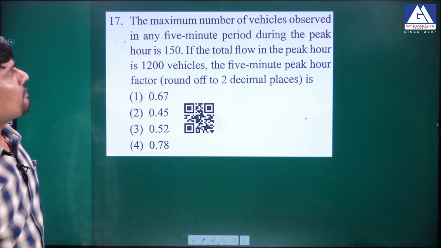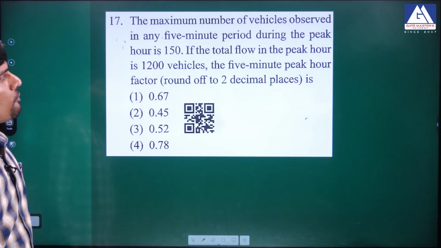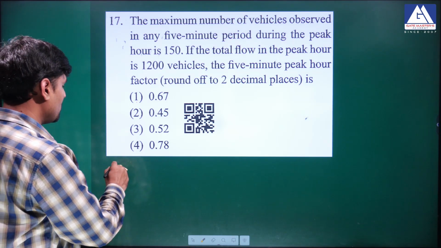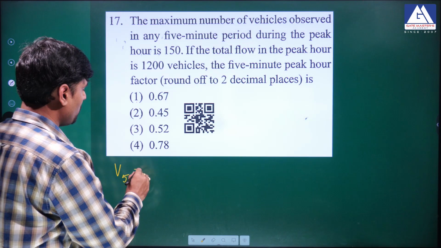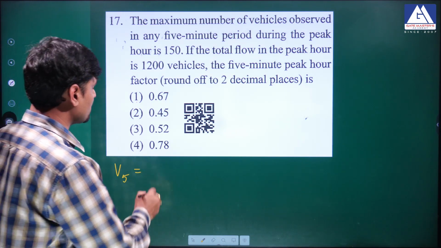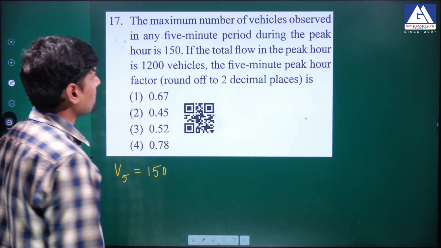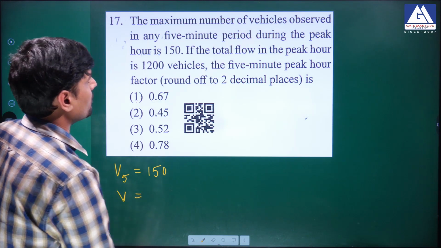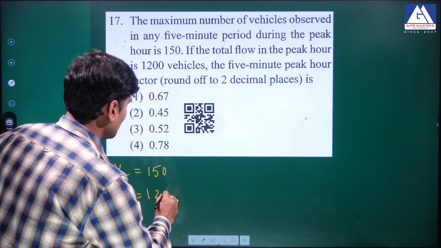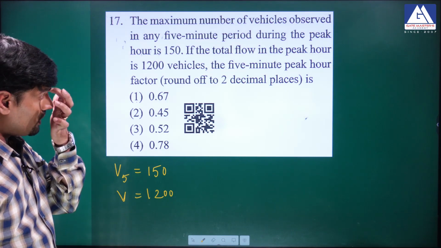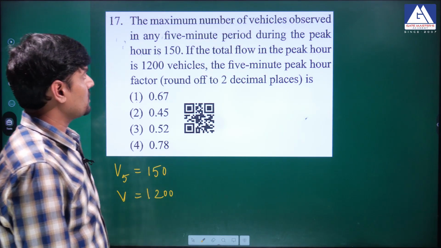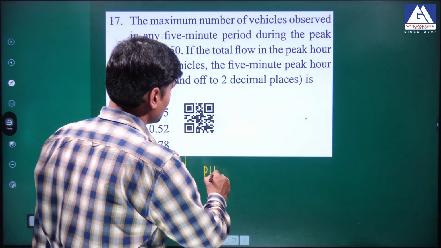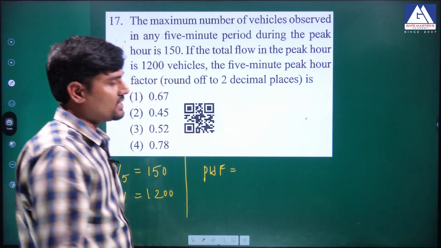The maximum number of vehicles observed in any 5-minute period during the peak hour is 150. So here the 5-minute peak hour traffic is given as 150 vehicles, and the total traffic of the peak hour is 1200 vehicles, that means capital V. Usually the moment we see such questions, we should get an idea about the peak hour factor in traffic engineering, PHF.